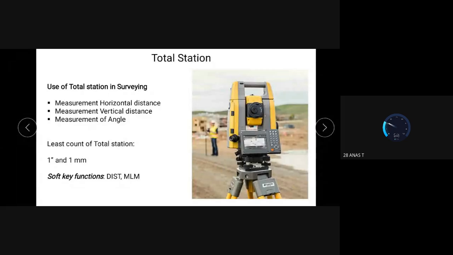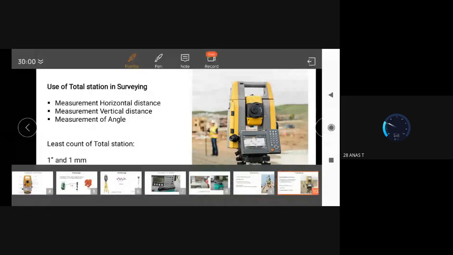So up to 1 mm accuracy we can get the distance. So these are the least count of the total station. And as I told, it is having so many keys, which is having so many functions. So here for your particular experiment, we are using two soft keys, that is DIST and the MLM.